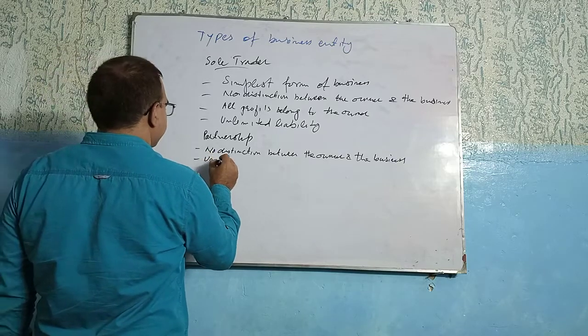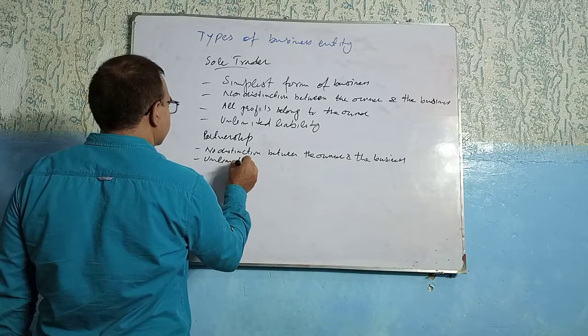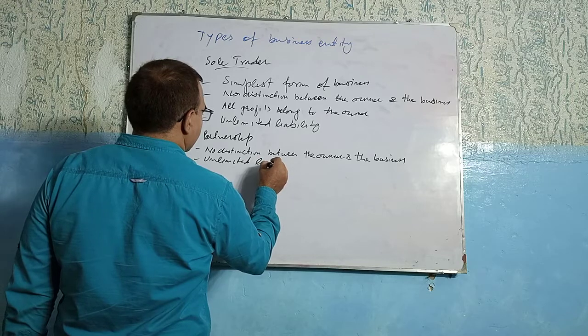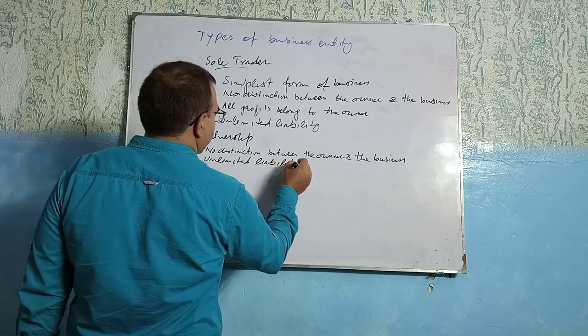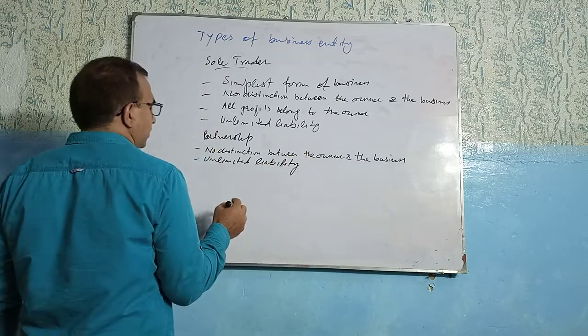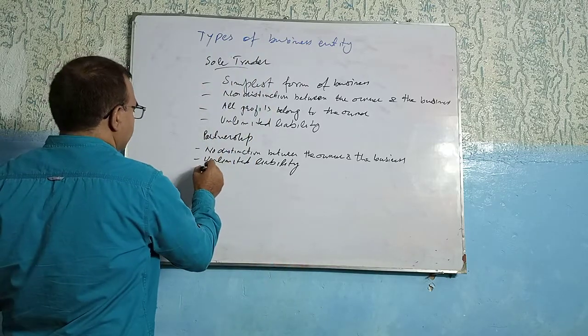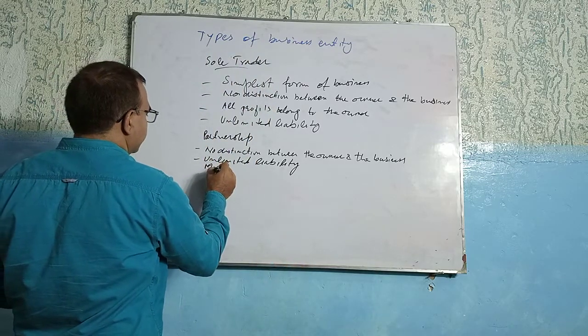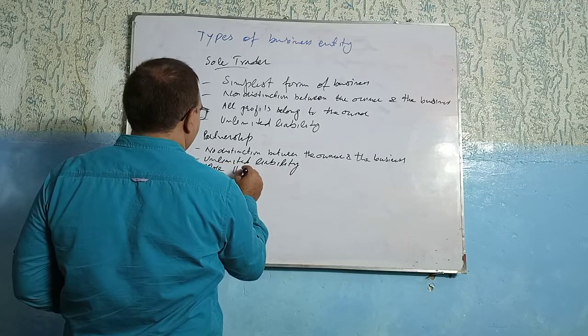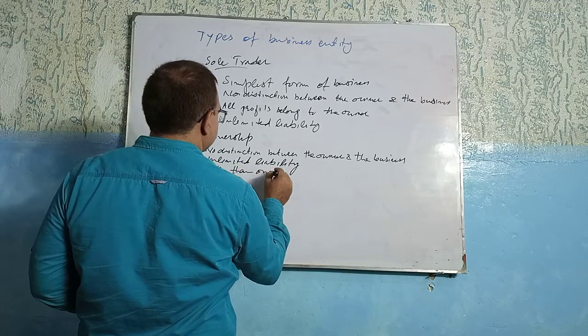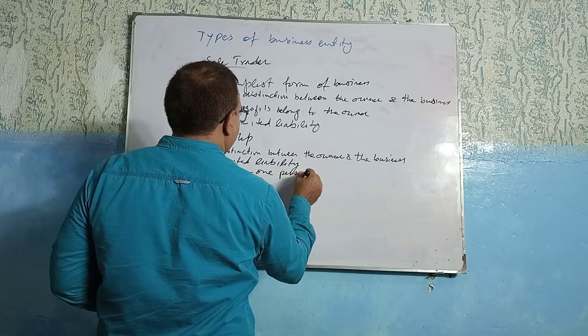Unlimited liability. Whatever they earn, they will take home. They will share it between them, and the major difference is more than one person. This point again should come in the beginning: more than one person in business.